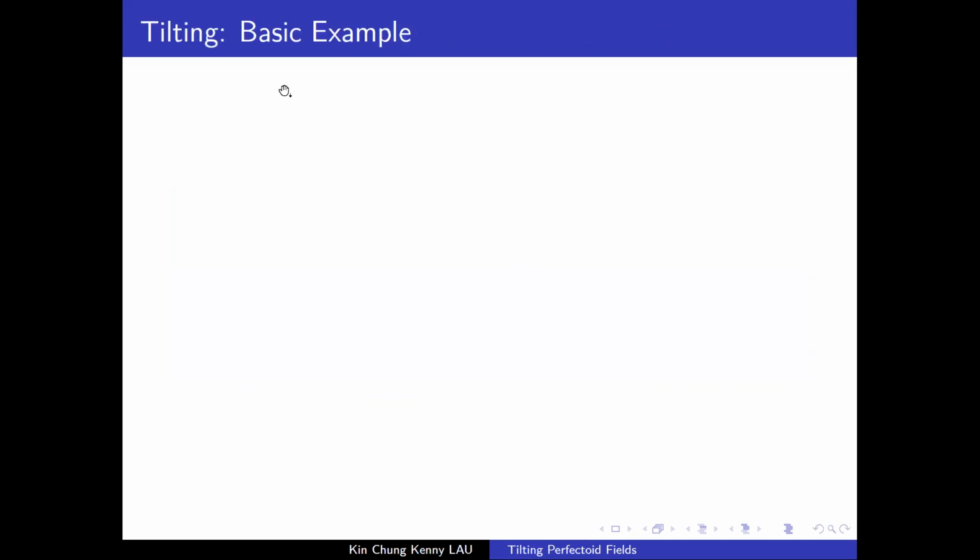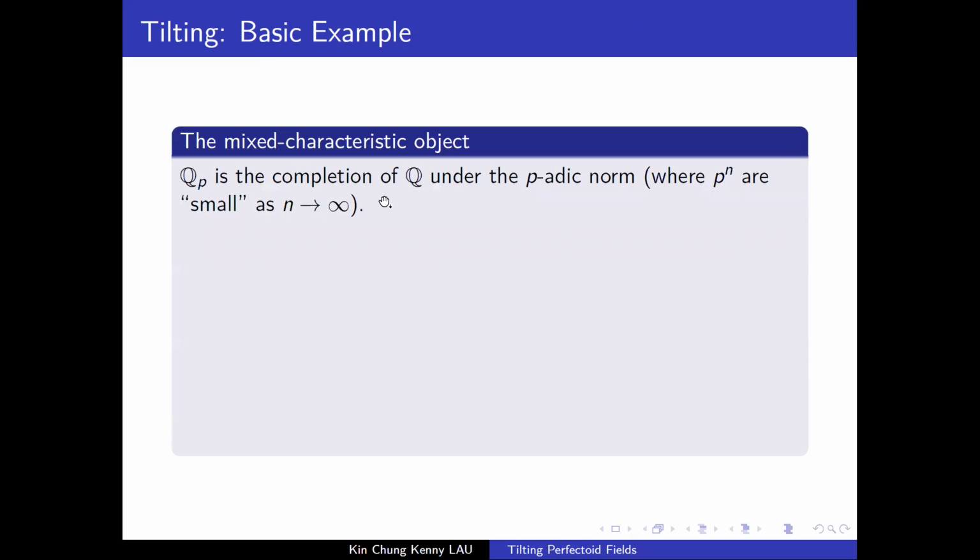So let's look at a basic example of tilting to get a general idea of what this thing does. As I said, when I say mixed characteristic, the canonical example is Q_p, which is the completion of Q under the p-adic norm. The important thing about this p-adic norm is that p^n is considered to be small. So for example, 1 + p^n will be very close to 1.